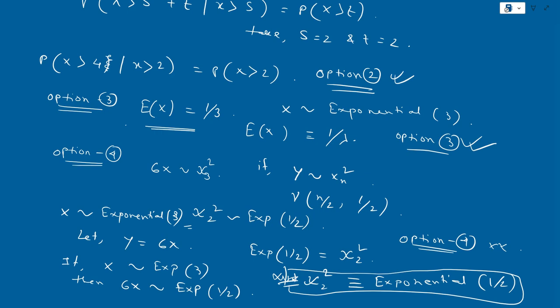So, what are the true statements? Option 2 and option 3. Today we learned that the minimum of exponentials is exponential, and rates add in a series system. The exponential distribution is memoryless. The mean of the exponential is 1 by lambda. And the relation between the exponential and the chi-square distribution.